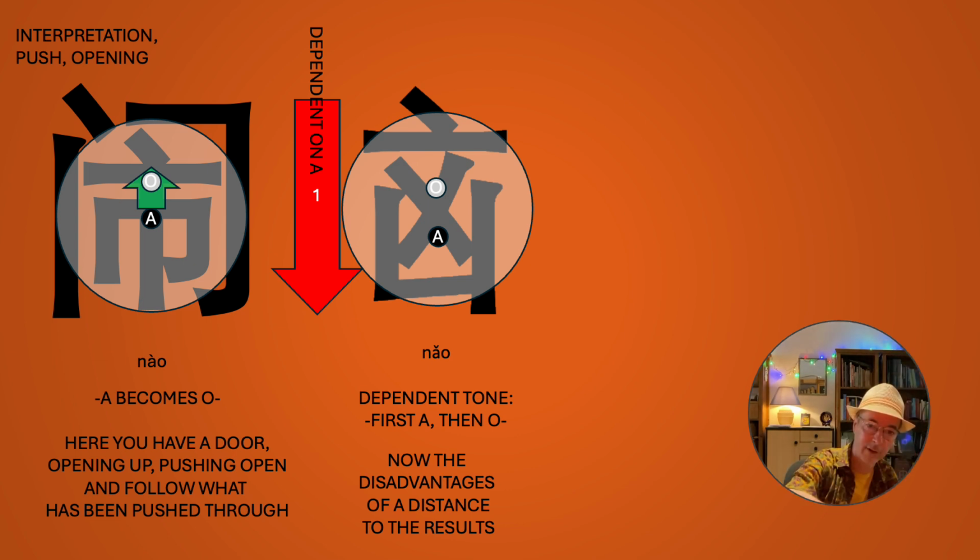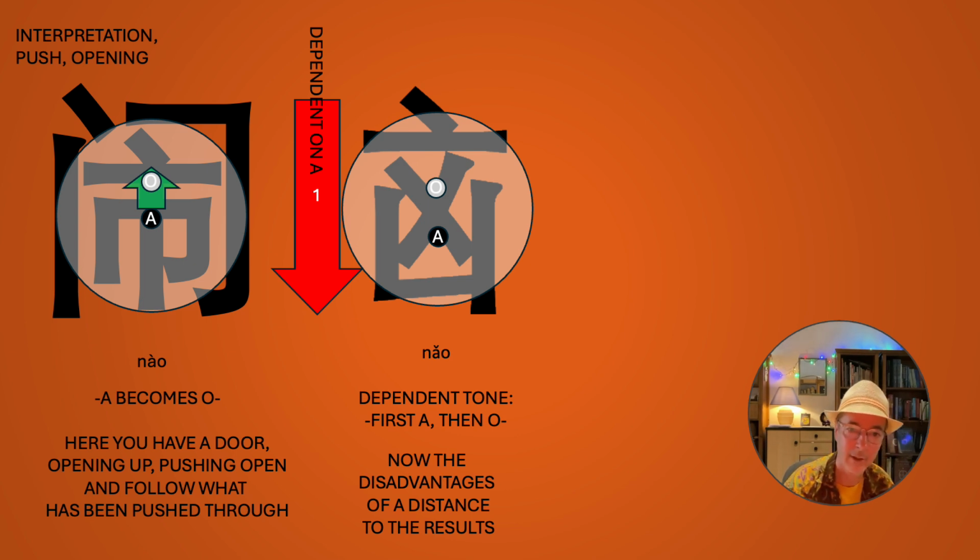You had the first character and then the second one, which was the negative now, or the dependency with more distance, the dependent tone, the disadvantage results. Going to the results, let's see what kind of words we can derive from it. You have the same thing, can more or less recognize the character, but then with the negative in the middle, the negative and the two contradictions. O and A are contradictory. For the rest, it's quite.